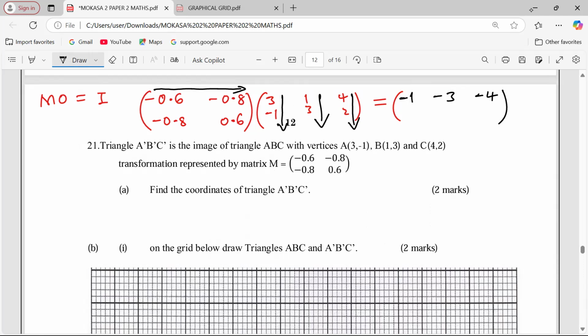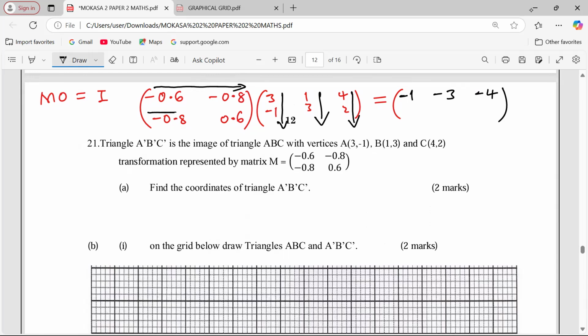Then we go to the next row and the same columns. So -0.8 and 3, then +0.6 and -1. This gives us -3. In the next, it should be -0.8, open brackets for 1, plus 0.6, open brackets for 3.